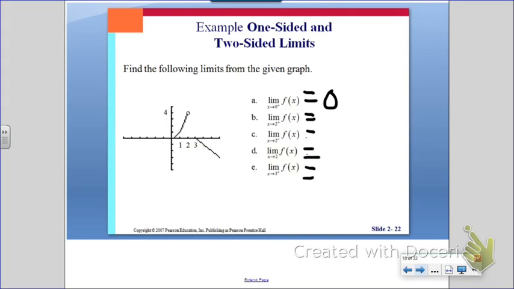We're approaching 2 from the right, so that one does not exist. Limit as x approaches 2 from the left, we're up at 4. Therefore, since the left and right hand limits as we approach 2 are different, it does not exist. The limit as x approaches 3 from the right is going to be 0.